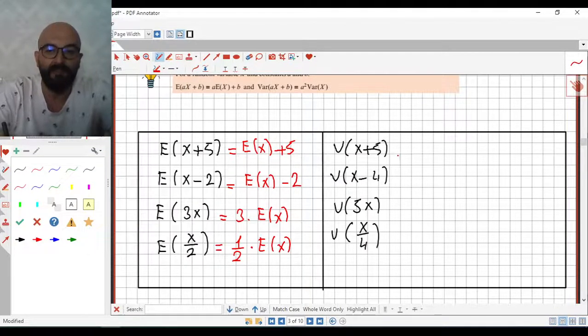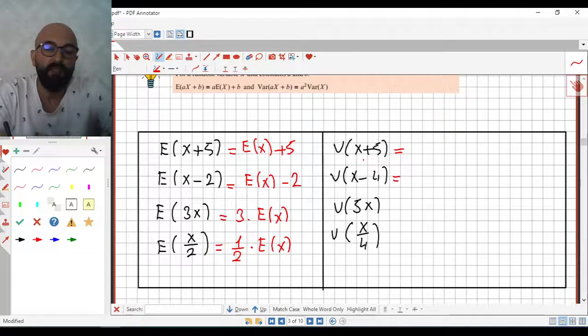Please notice and don't forget, if you add or subtract any number on X, the variance doesn't change.